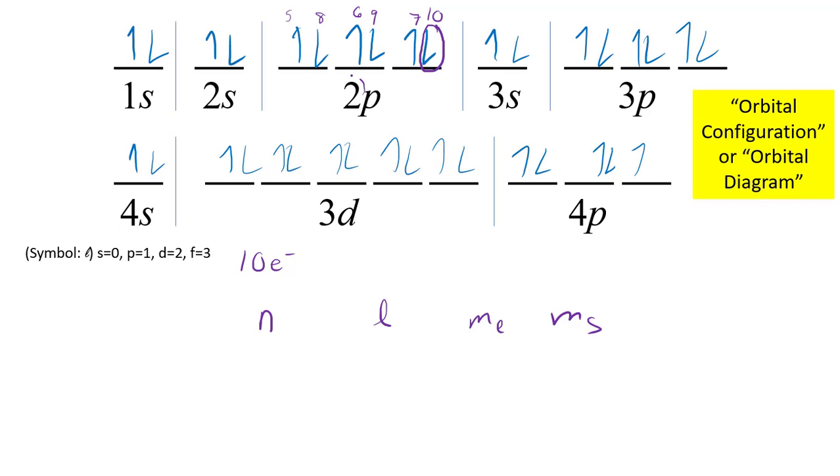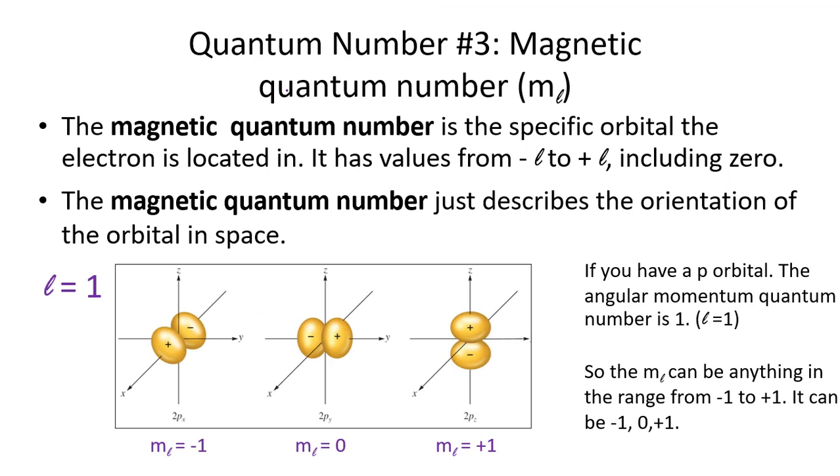So my n is once again my principal quantum number, which is 2. My p tells me that my l is going to be 1. Now what orbital is it in? Remember, m sub l goes from negative to positive. Remember this slide? Negative, so the first orbital is negative, to 0 to +1.